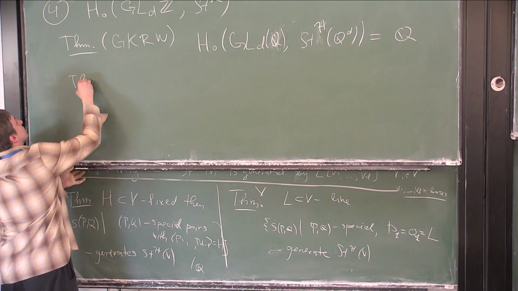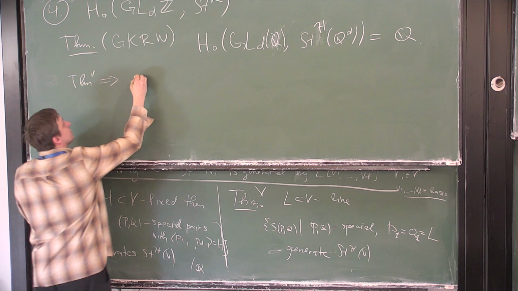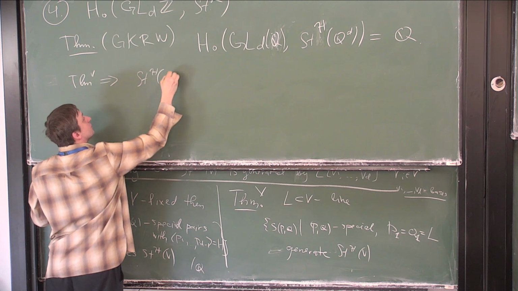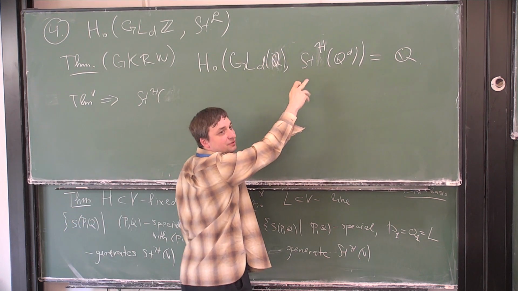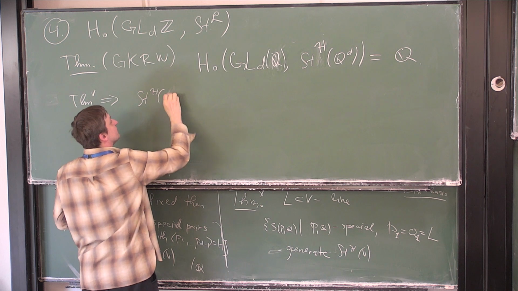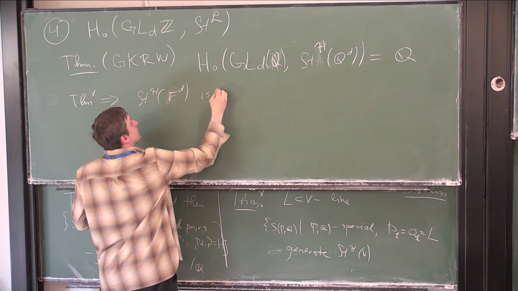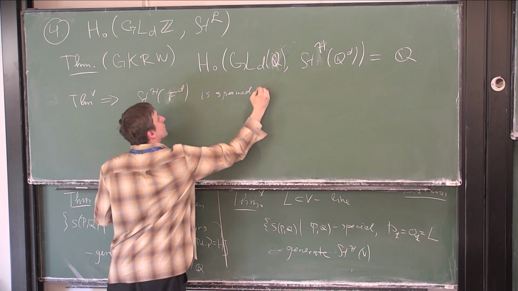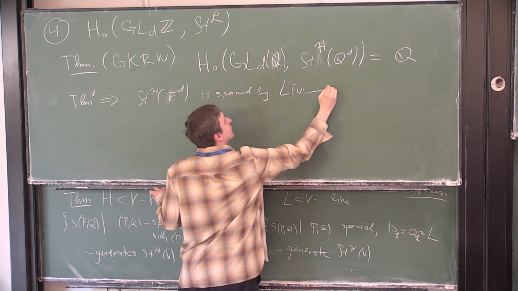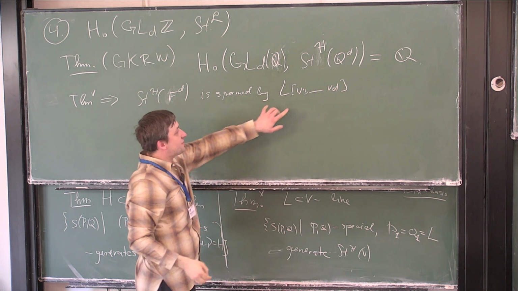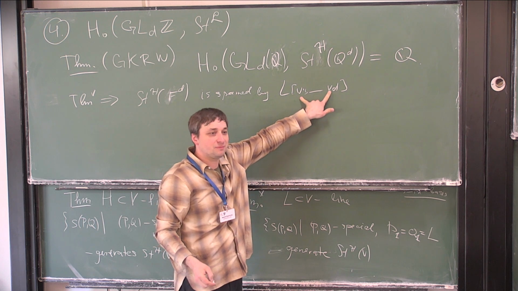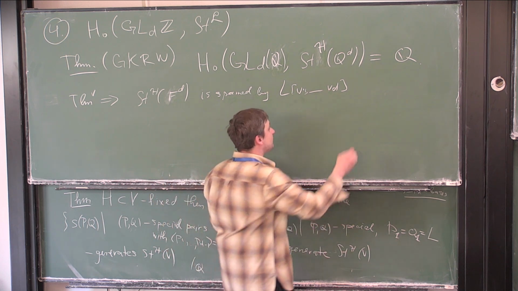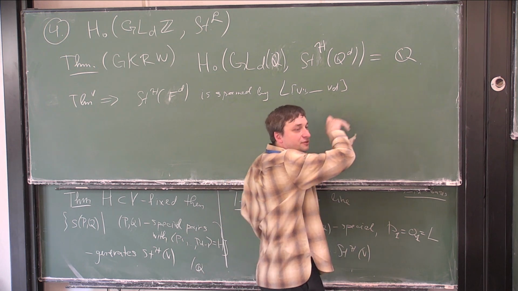So the theorem dual implies that Steinberg H, well, Q can be any field, is spanned by L(v1, ..., vd), and on these elements the group acts transitively, obviously, because this is just the action of the matrix of these columns on one of the generators. So we can get at most a one-dimensional space of coinvariants.